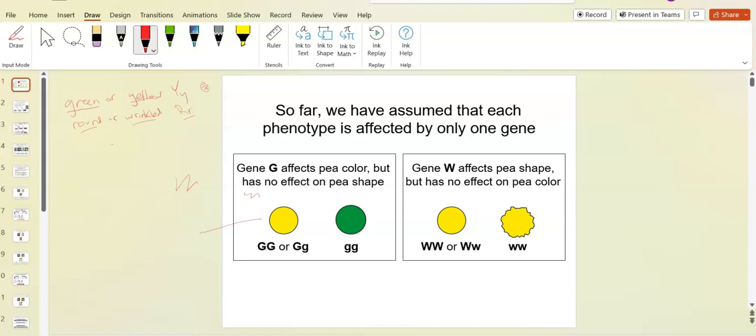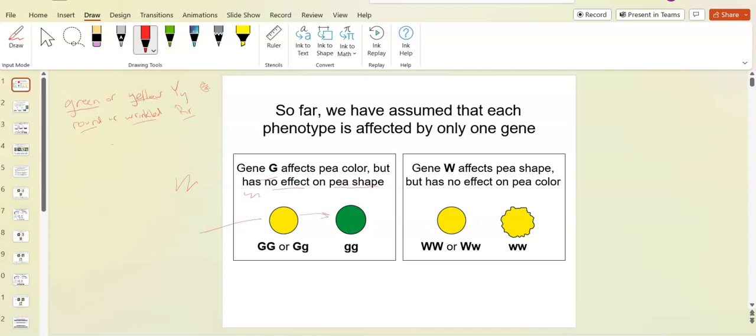So we know that there are two different phenotypic traits that come out of this, either pea shape or pea color. And this gene has no effect on the pea shape, right?